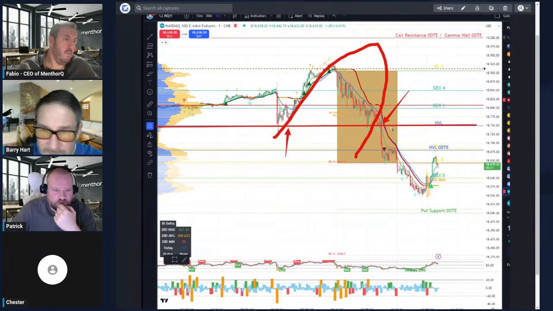So I'll just reassess when that happens. So I put in sell stops right here, waiting for that break at the HVL. And then I had some targets here, but my ultimate target was the 1 day minimum, and I was going to have a runner for put support.